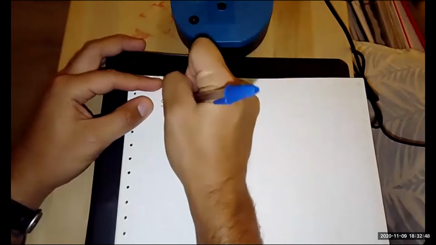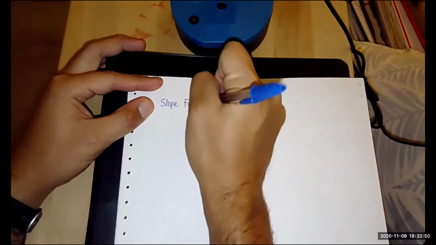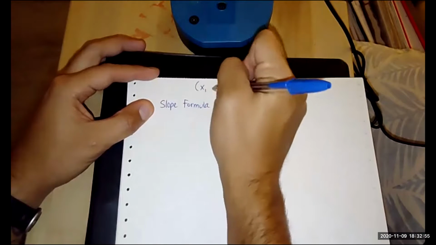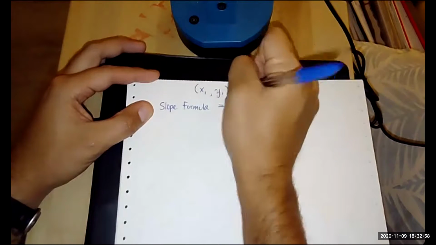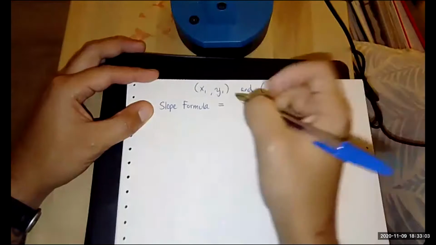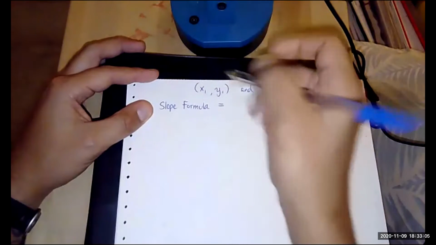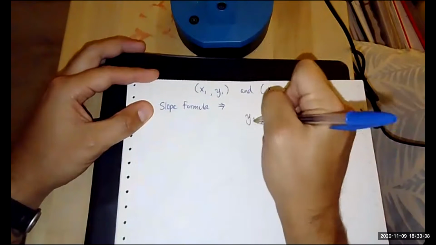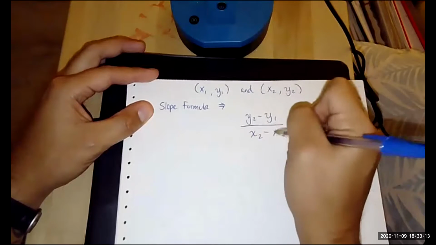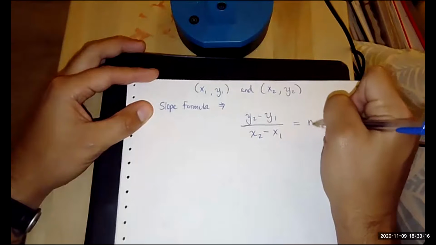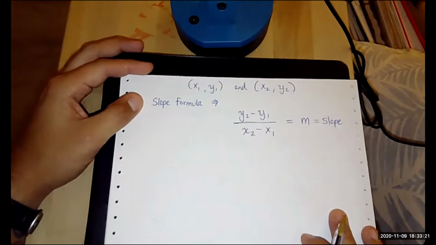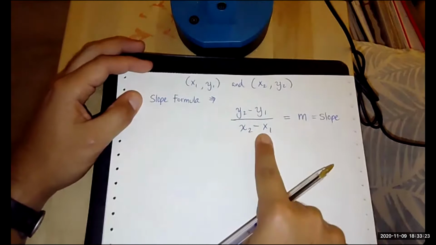We use the slope formula, where if you were given 2 points, x1 and y1, x2 and y2, you could plug that into the slope formula, which was y2 minus y1 over x2 minus x1, and that would give you the slope of the line. We also called this rise over run.